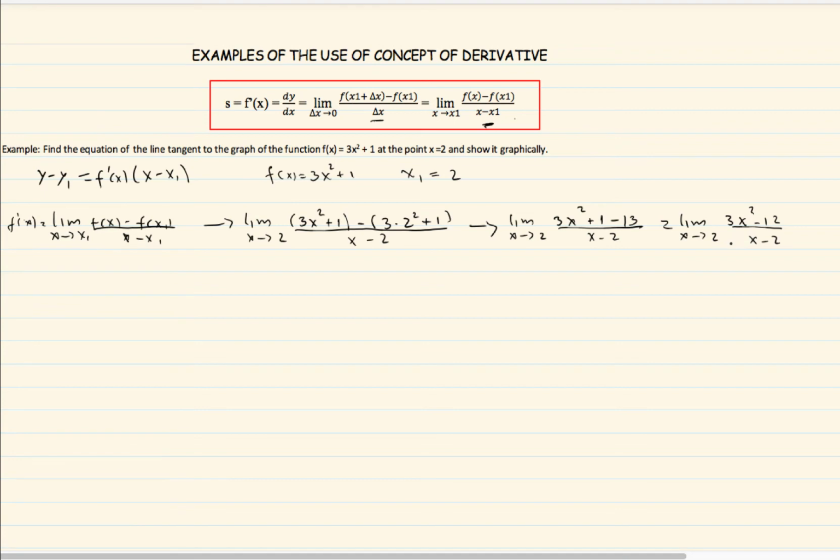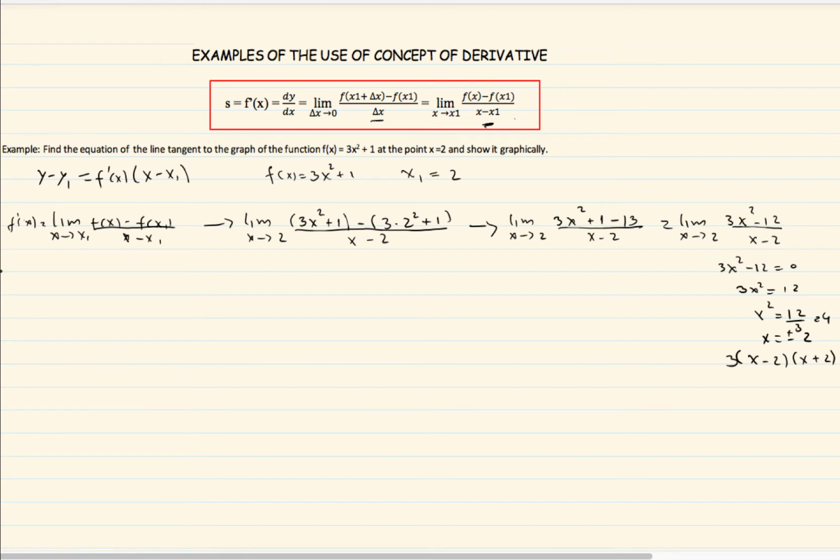So we need a way to simplify this, and we have to operate using the numerator. So this is a case of x squared minus 4, where x is equal to plus or minus 2, which is the root of 4. So this becomes x minus 2 times x plus 2.